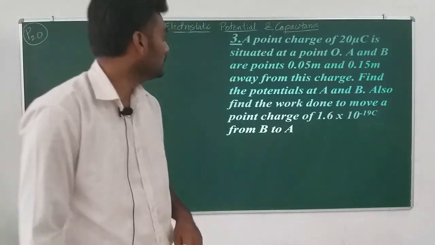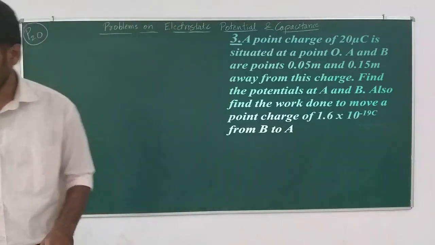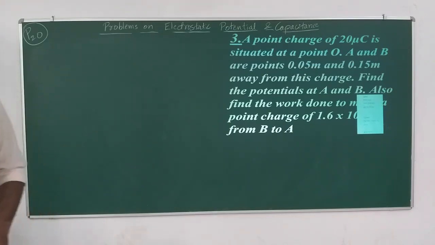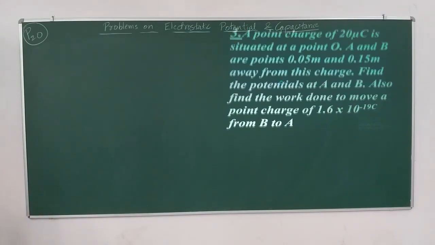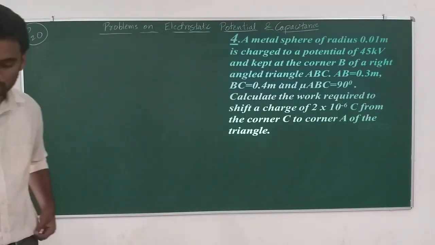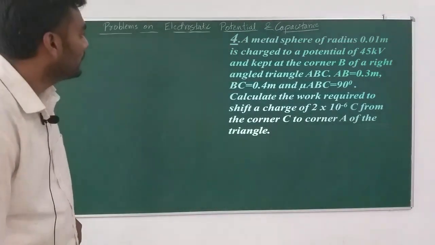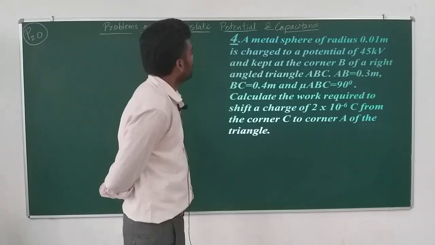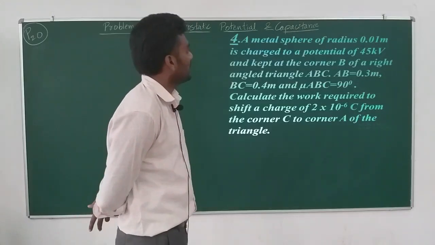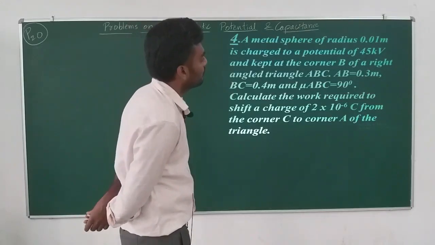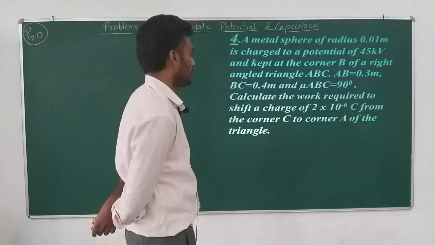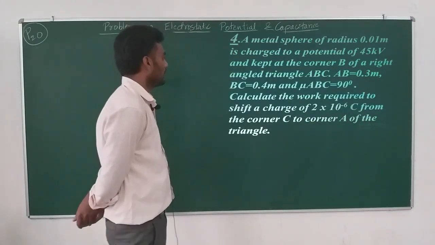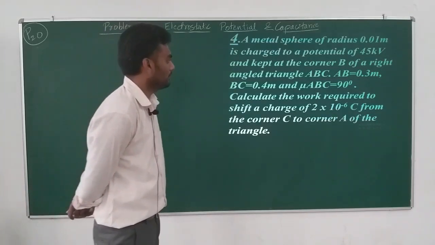Right, now let us look into the next question. Question number 4. A metal sphere of radius 0.01 meter is charged to a potential of 45 kilovolt and kept at the corner B of a right angled triangle ABC.